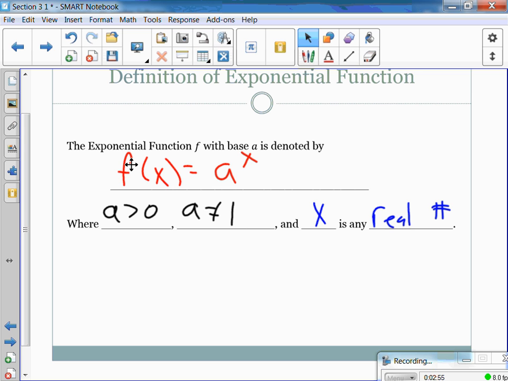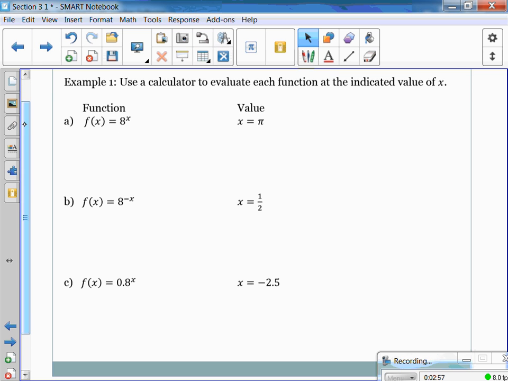So if we want to evaluate some of this stuff using a calculator, we have our exponential function f of x equals a to the x, and we want to evaluate it at pi. What do we get?